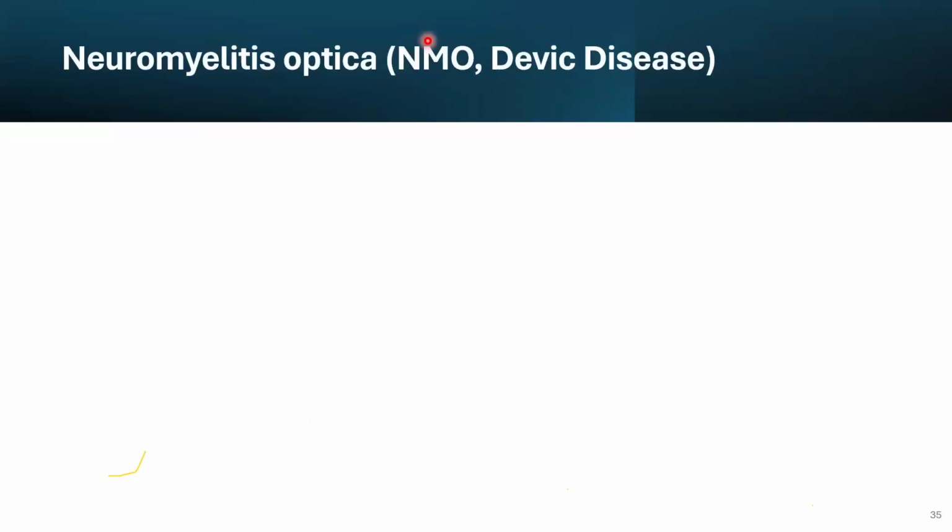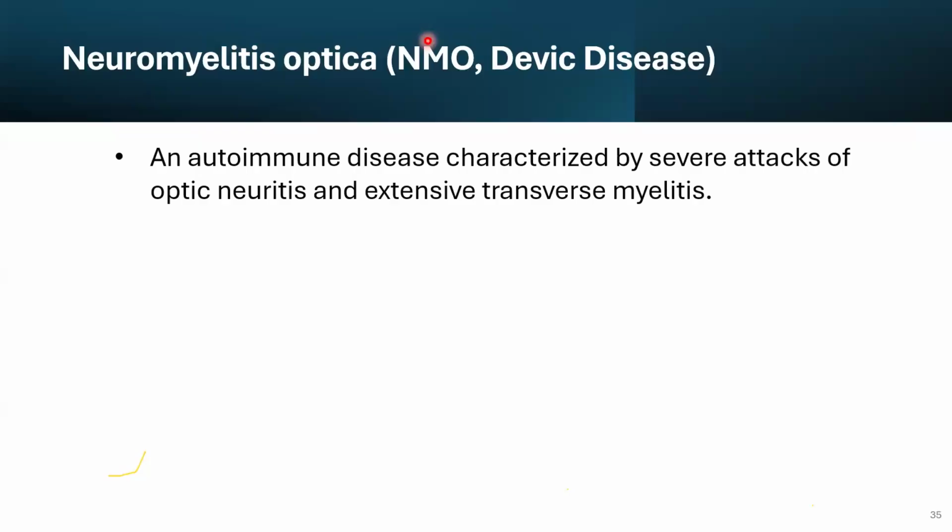So what is neuromyelitis optica or NMO, Devic disease? It's an autoimmune disease characterized by severe attack of optic neuritis with extensive transverse myelitis. It accounts for almost 50% of the demyelinating disorders in Asia and West India. So it is important to differentiate MS from NMO. Why is that?